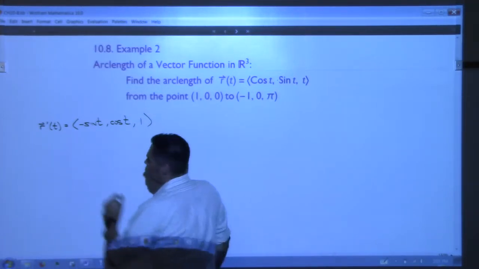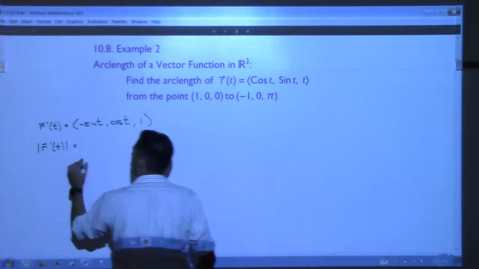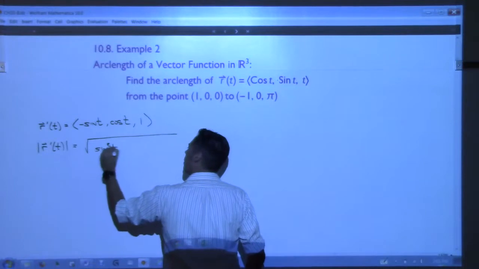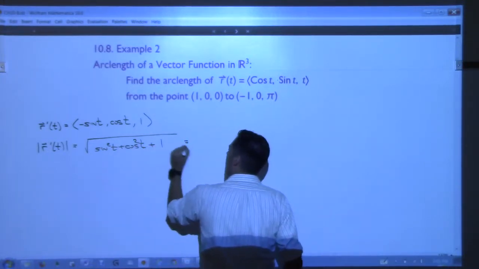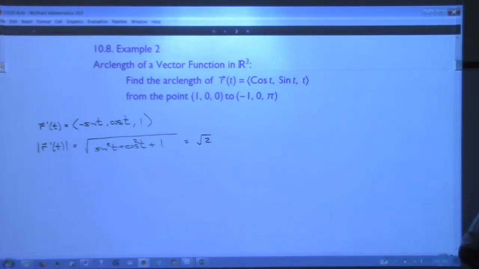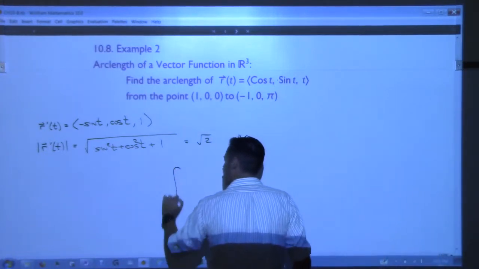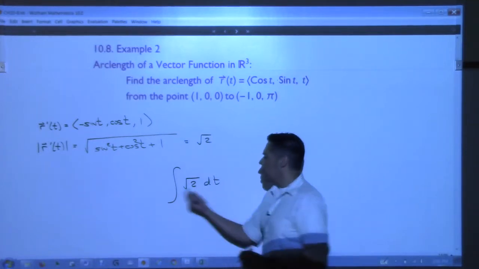And we need its magnitude. Square root of sine squared t plus cosine squared t plus 1. That's going to be 1 plus 1. So that's root 2, isn't it? Root 2? Yeah. Okay, so I'm going to now integrate root 2 dt. And I could pull the root 2 out or just leave it in there.